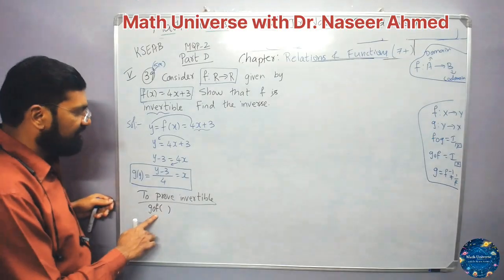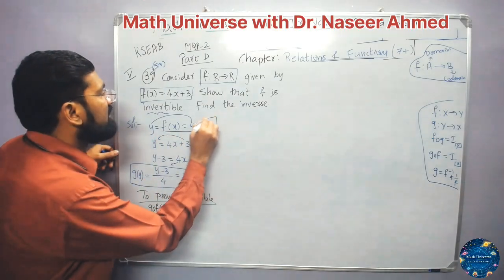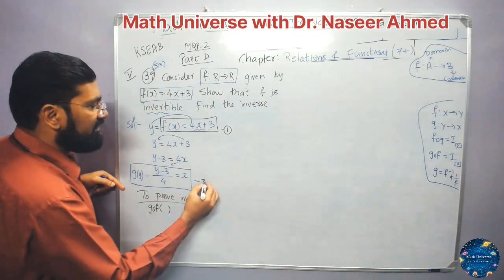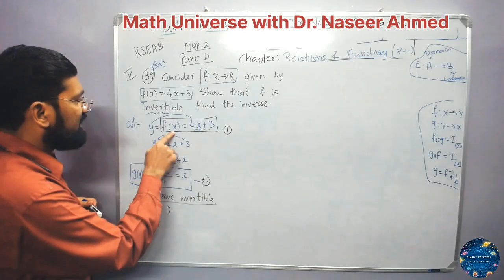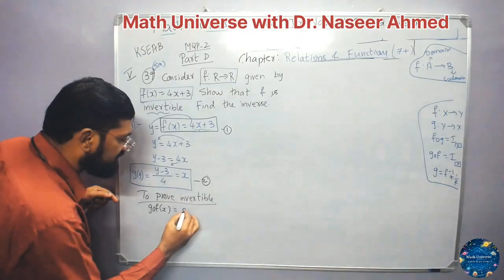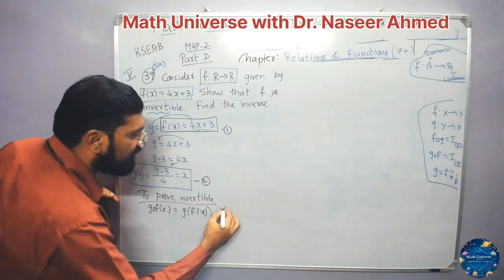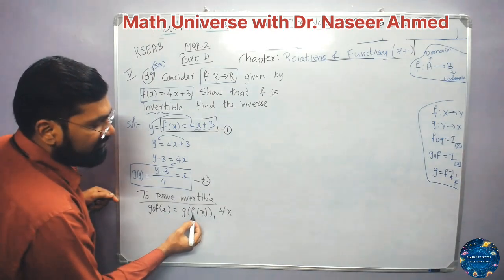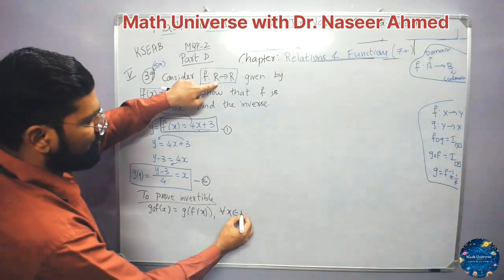Very simple: f contains x. So this is my equation number 1 and this is my equation number 2. Since f contains x, I start with x here, and as we know it is g of f of x, for all x. X comes from the domain of the rightmost function f, and the domain of f is R, so x belongs to R.